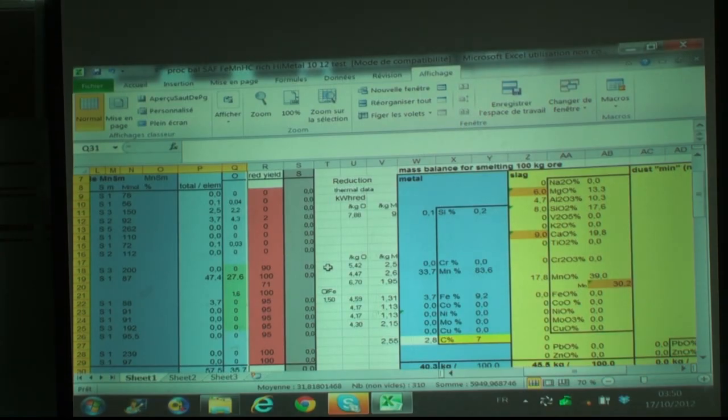Then if you reduce MnO, which is the objective here, and once you have metallic Mn, you have MnO left in the slag, because you don't reduce it completely. You cannot have three of them. Once you have Mn, this will be fully disappeared.